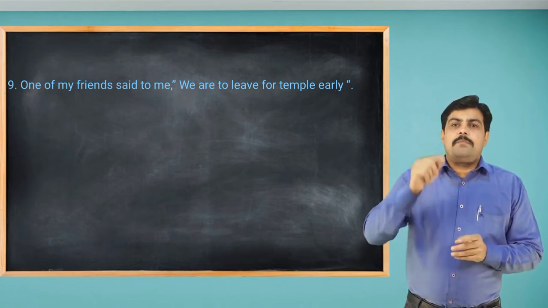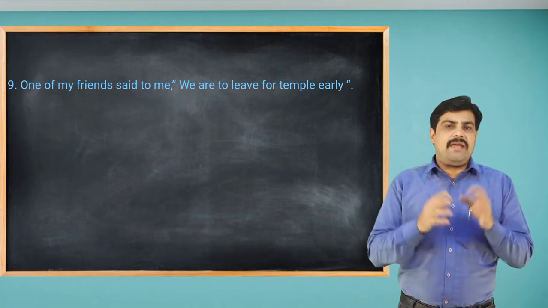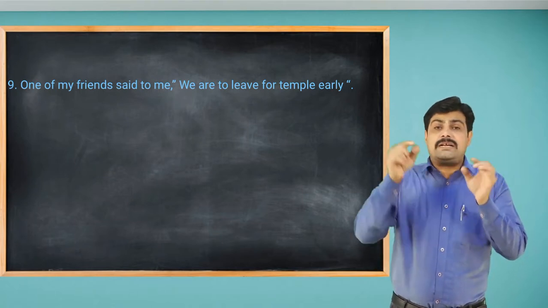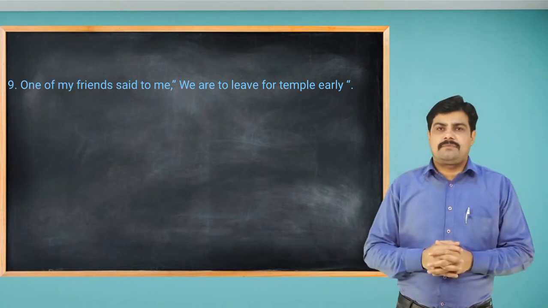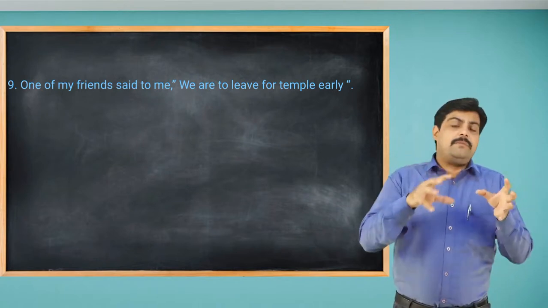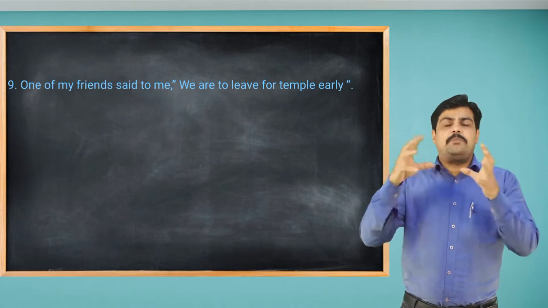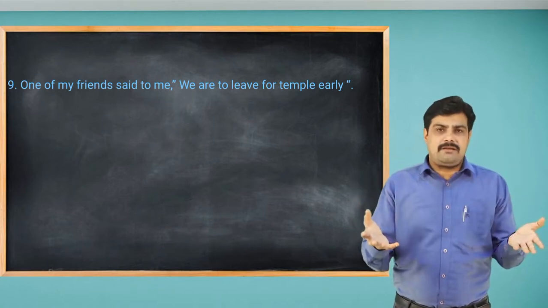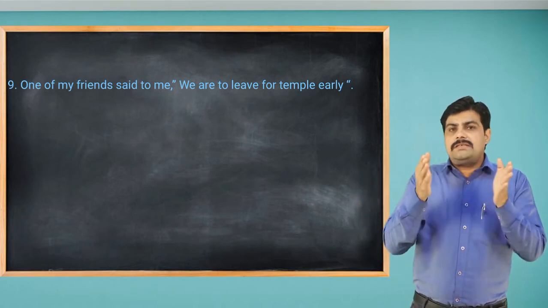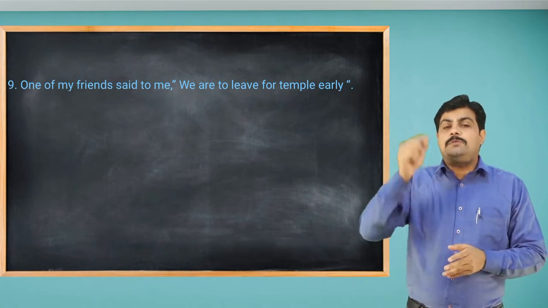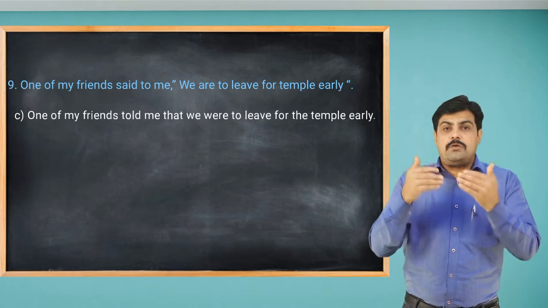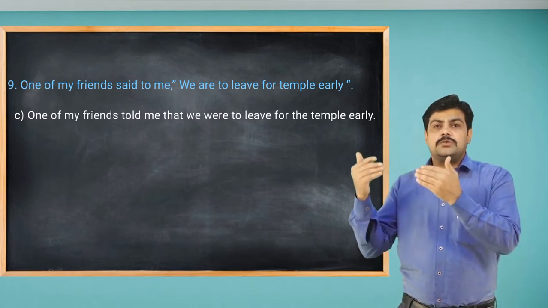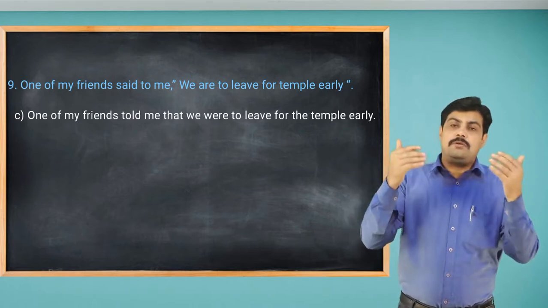That is, the pronoun we remains unchanged when the object me is used or it is included in the subject. All other changes will be usual as in the previous sentences we have been learning. Now, out of these four options, option C is correct. One of my friends told me that we were to leave for the temple early.